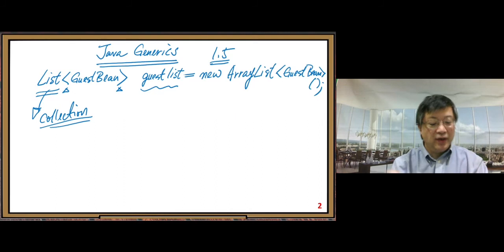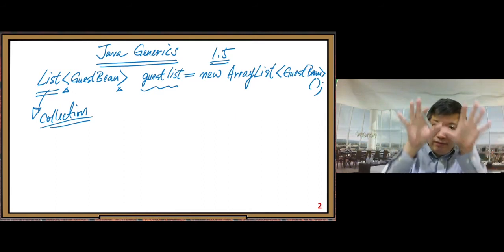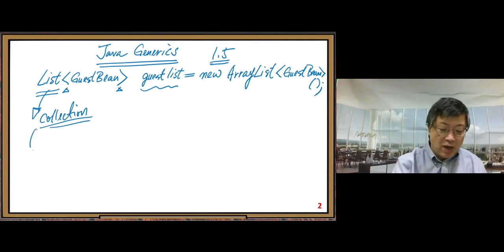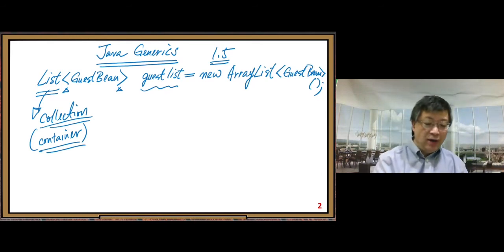With this kind of object, you can get a collection of special objects. Sometimes people also call it a container object, because you can put a lot of things inside. But most of the time we like to use the term collection object.